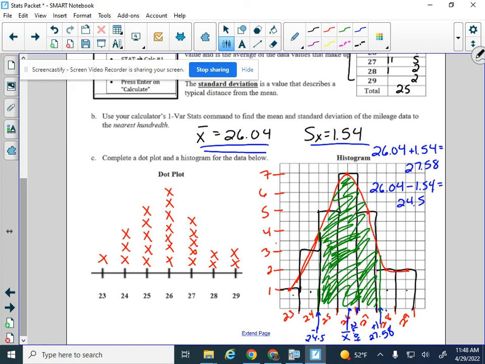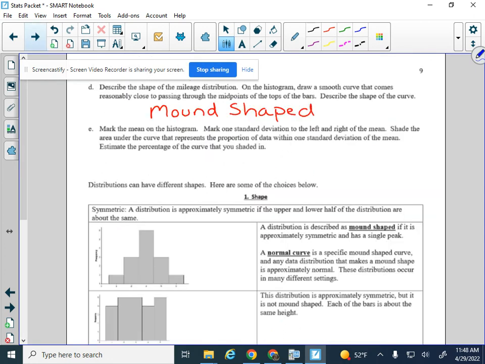Estimating, I don't know, 60%, 70%, maybe something like that. If we want to actually count the amount in each of the bars, we can do that too. So for the shaded region, I have 5 in this bar, I have 7 in this bar, and I have 5 in this bar. We have like a smidgen of that other bar there, but it's pretty much these 3 numbers. So if we want to calculate this, we're doing 5 plus 7 plus 5 out of the total 25.